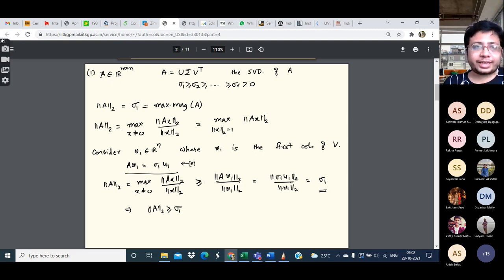So consider any m cross n matrix, where m need not be equal to n.